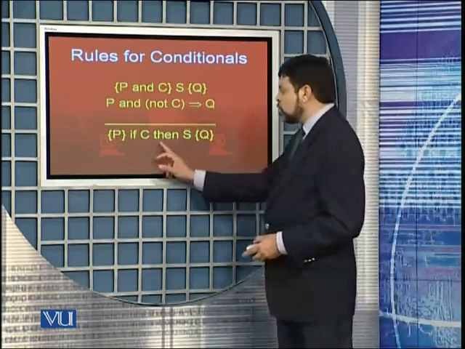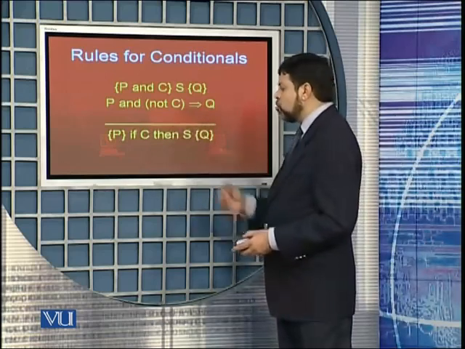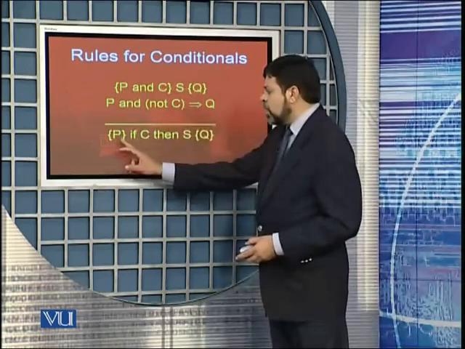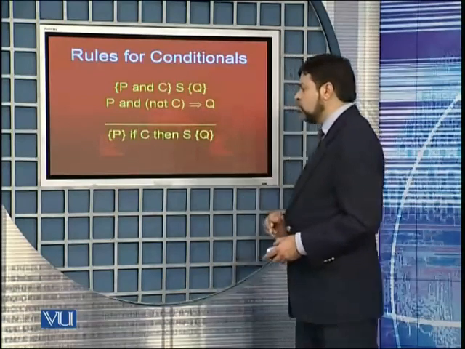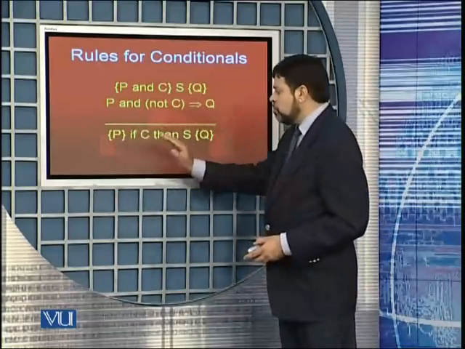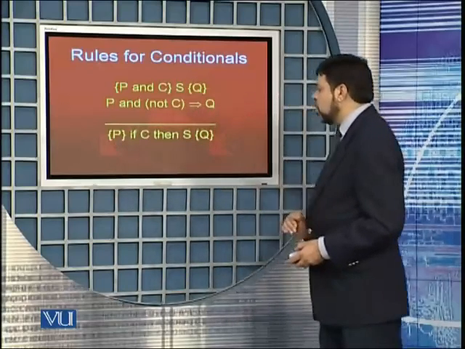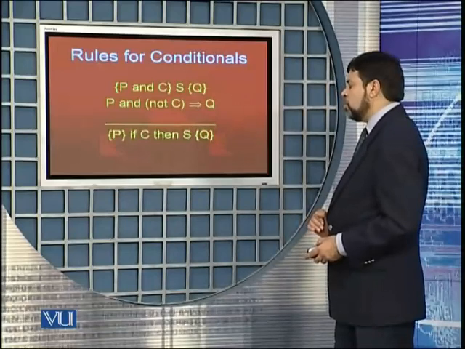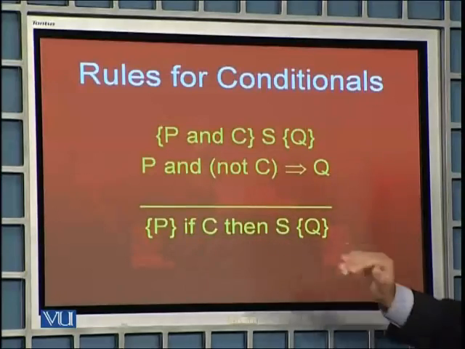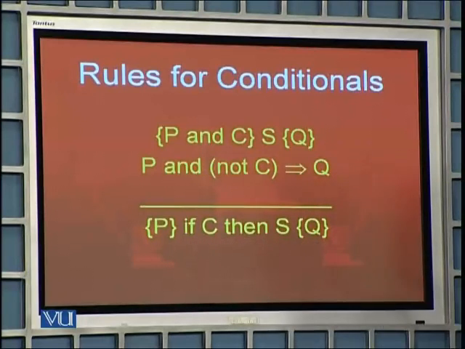So if we call it S or give it some name, we can write the same thing in triple form, {P} S {Q}. P is the precondition, we have some statement, we end up with this post condition Q. In this particular case, the statement happens to be an if-then statement.